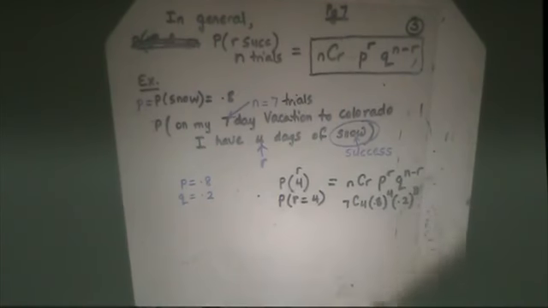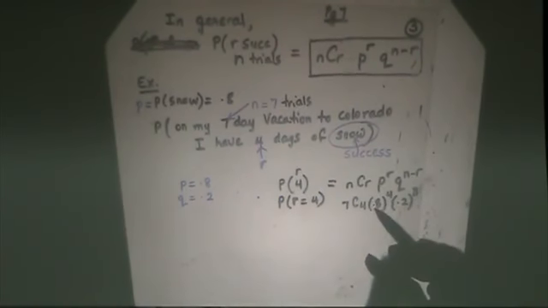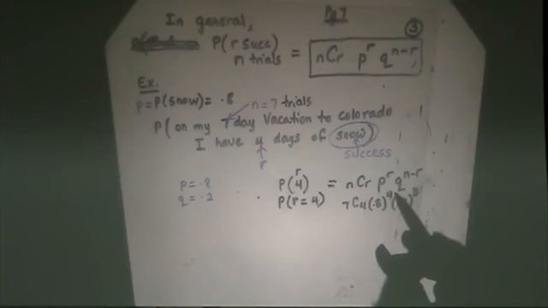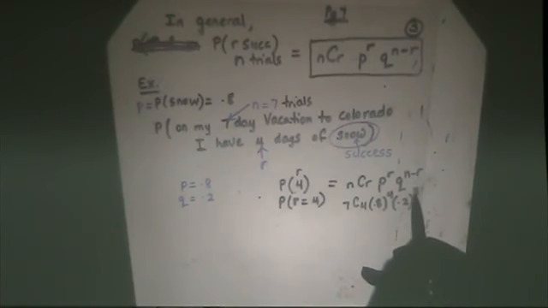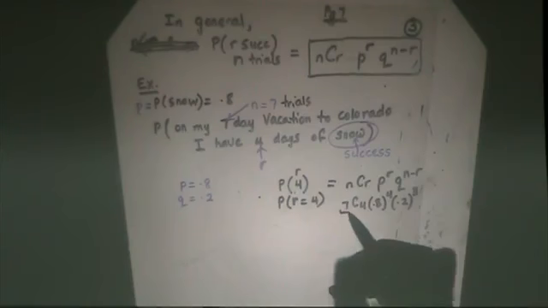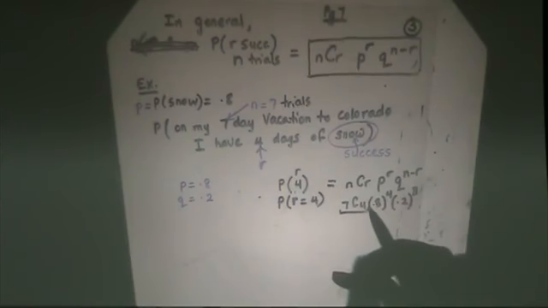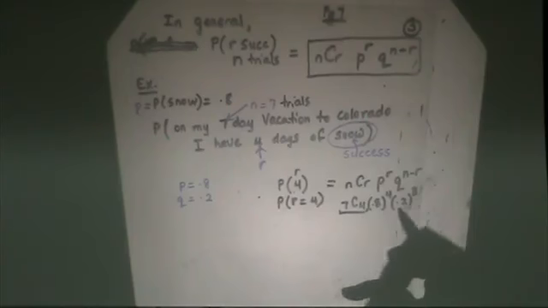I have taken the snow probability, raised it to the 4th power because I want 4 days of snow. No snow probability to the 3rd power because if I have 4 days of snow, then the rest are no snow, and there are 3 remaining. And then these are all the different arrangements where the 4 snow days could fall out of 7. And that's my answer.